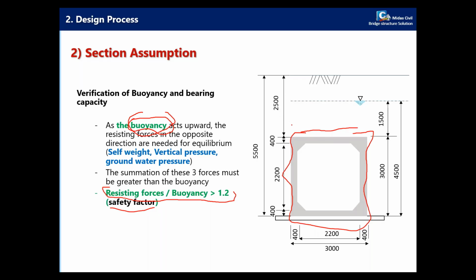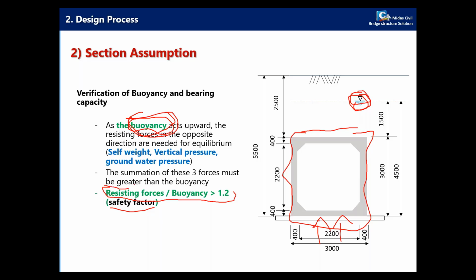So first of all, you need to check the buoyancy, which is an upward force that can push up the structure because of water. This is the condition we are going to use when we have the underground water and when we don't have underground water. So all of these load conditions, we are going to use them in the analysis.